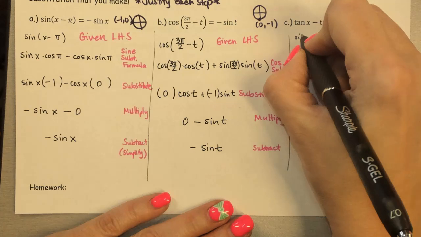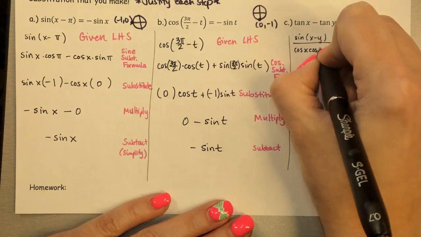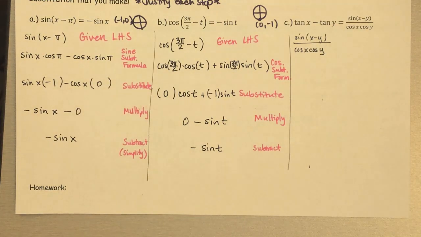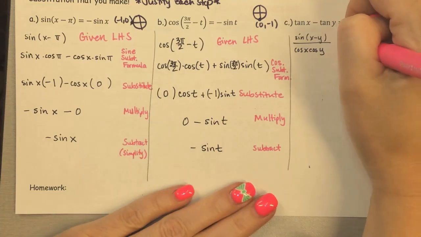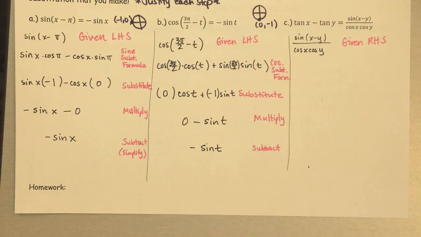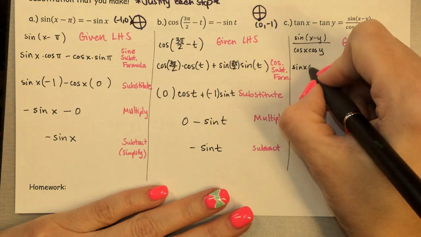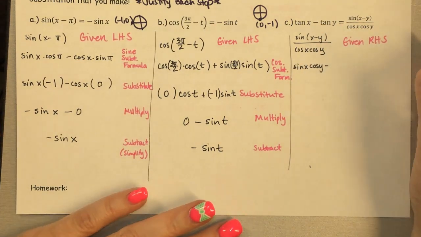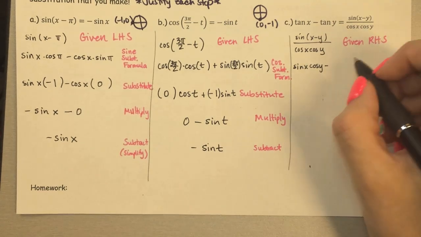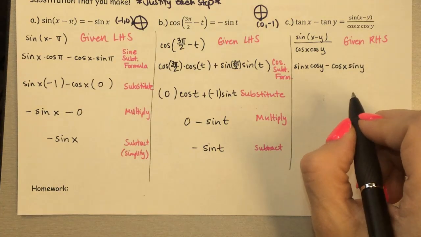So we have the sine of x minus y over cosine of x cosine of y. So I know that one can be a little tricky. So given the right-hand side, okay, if we do the sine subtraction formula, we're going to get the sine times the cosine minus the cosine times the sine.